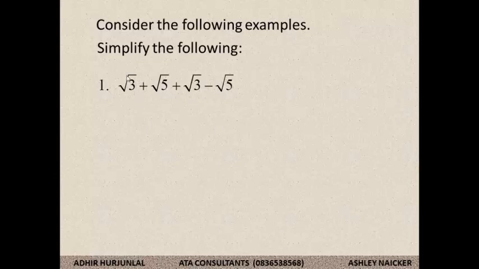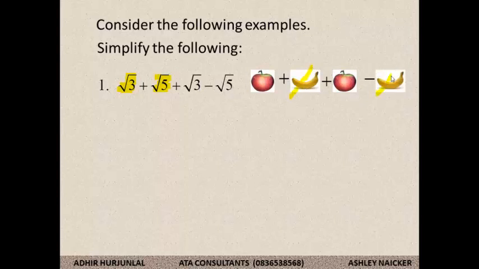Now let's say that root 3 is an apple and root 5 is a banana. So ultimately I have an apple plus a banana plus another apple minus a banana. The banana and the banana will cancel off.